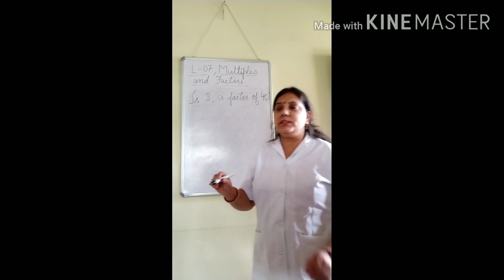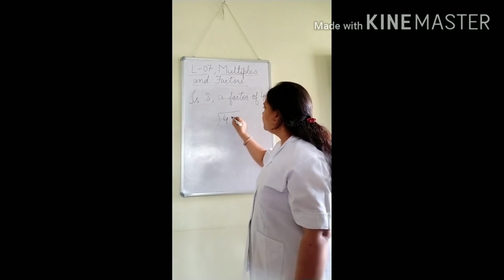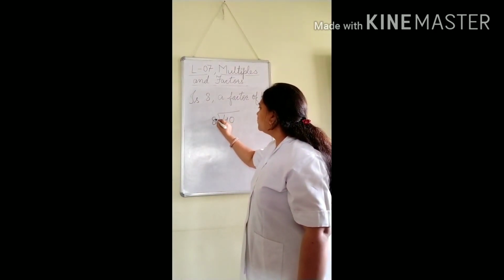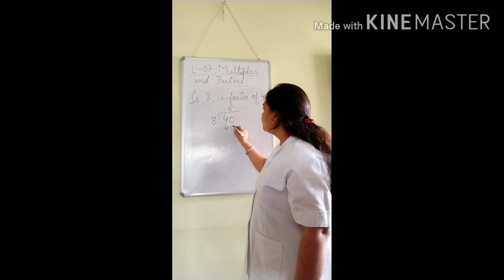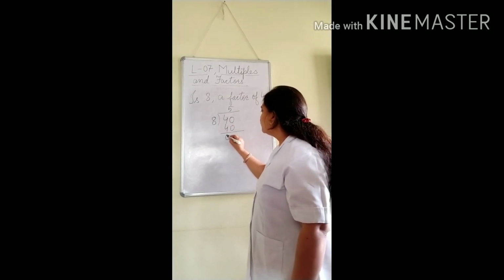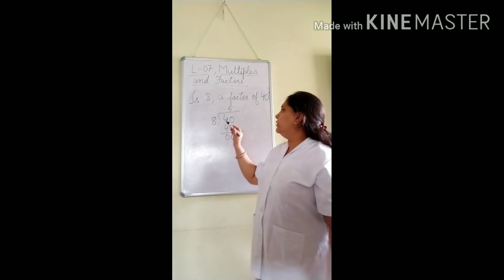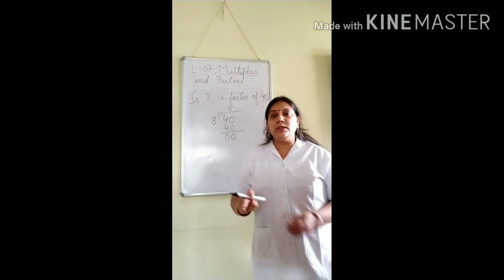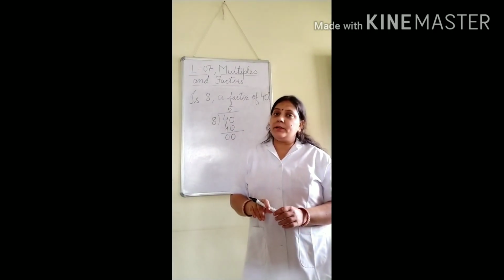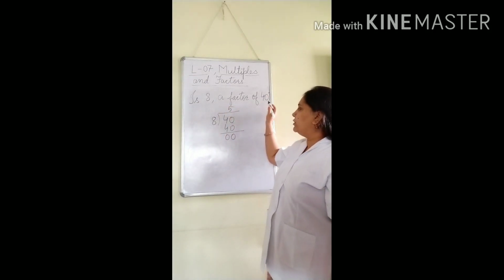Now we do the division here. When we divide 40 by 8, we are getting 5. That means 40 is completely divisible by 8. That means 8 is a factor of 40.